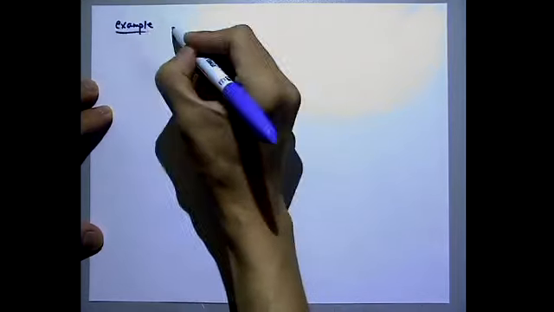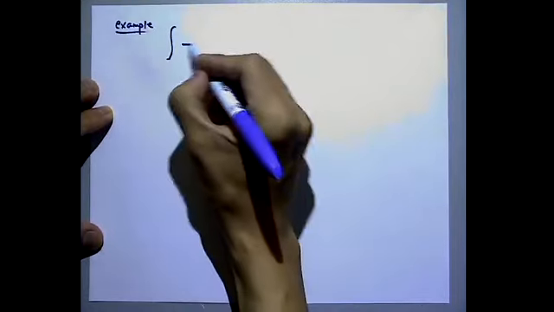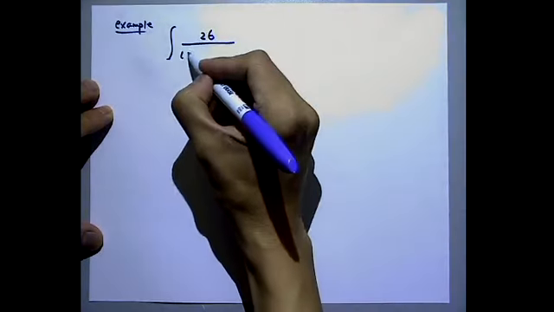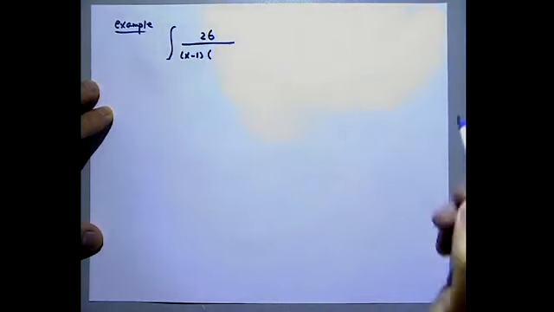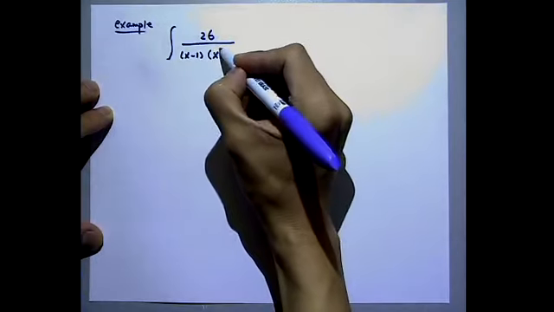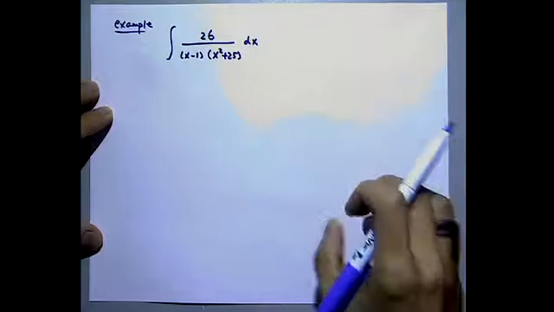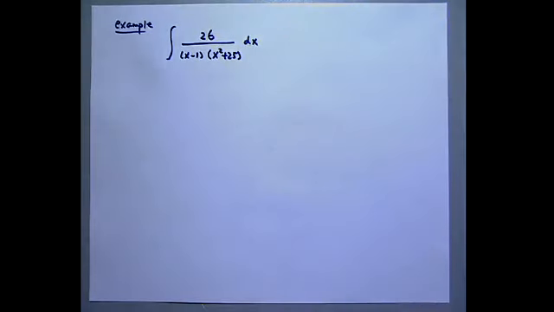For this example, let's go ahead and integrate 26 over x minus 1 times x squared plus 25. The first thing we do is we go ahead and break up the expression here, and then we'll come back to the integration.